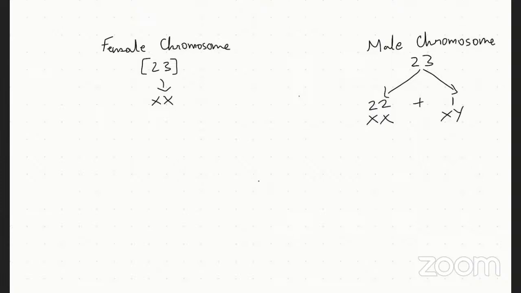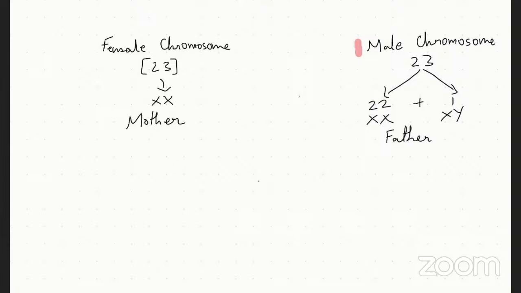In males, 22 pairs are X and one is Y. Now, at the time of fusion of the egg and the sperm, this is your mother, and this is the father. XX from the mother.